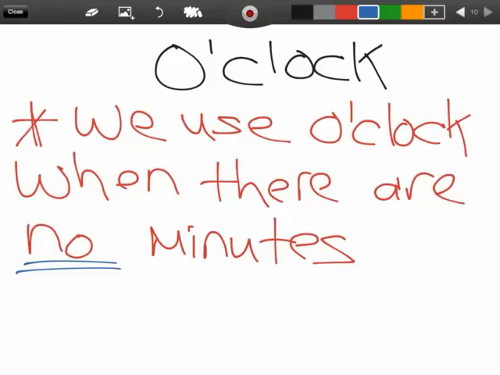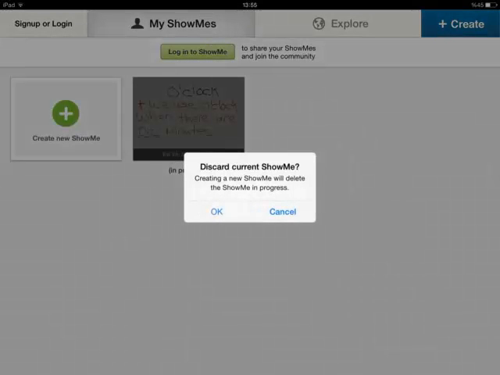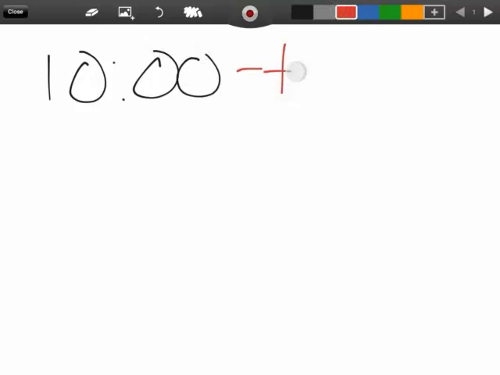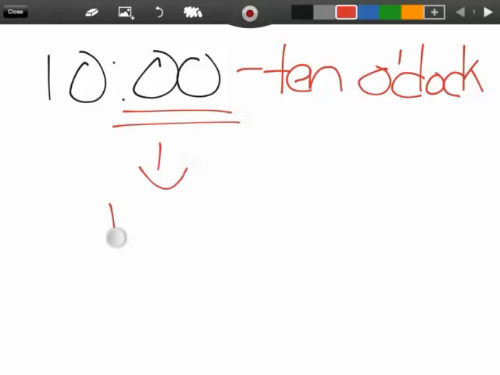Let's do some examples. My first example is going to be 10. I could say 10 o'clock. Again, as you can see, there are no minutes.